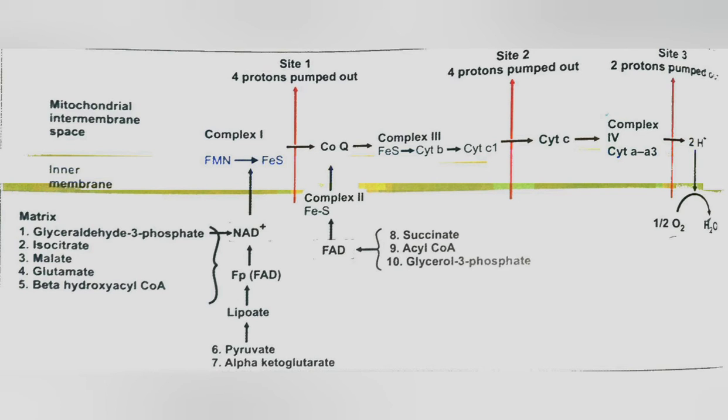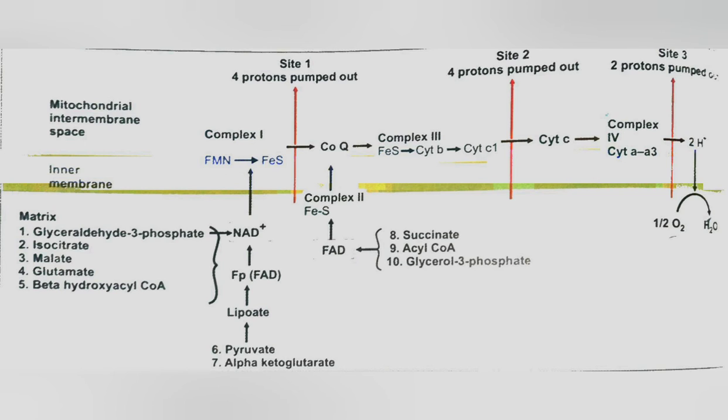Okay, now we are done with the complexes, all the complexes, complex 1, 2, 3, 4 and 5, that is ATP synthase also. In this diagram, in this table, the summary of all the complexes is given, how the electron is passing. As you all can see, there is site 1, 4 protons are pumped out.